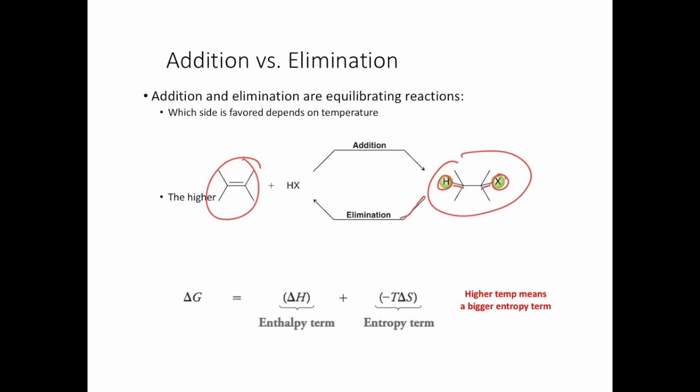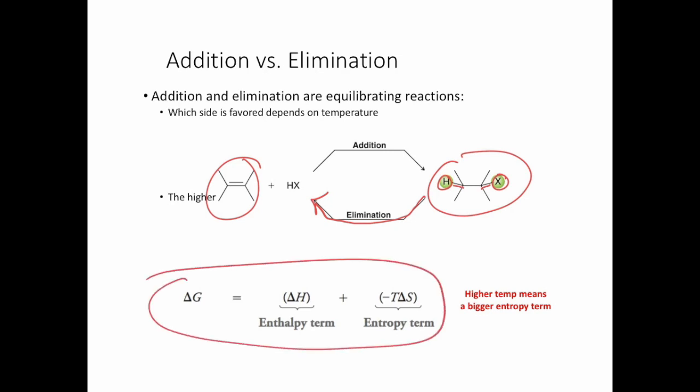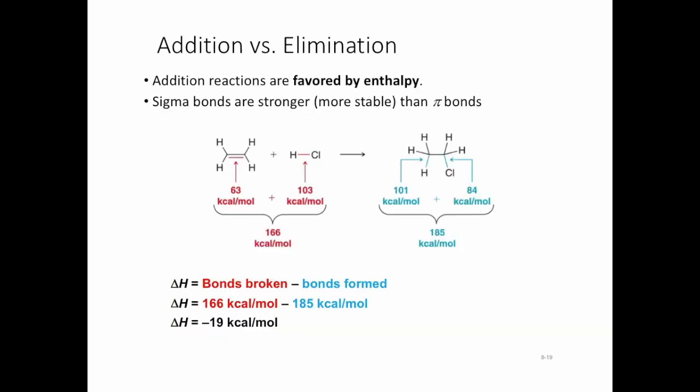But the reverse reaction can also take place. And these are actually equilibrating reactions, and which side is favored depends upon the temperature. So remember our delta G equation, where delta G is equal to delta H plus minus T delta S? Well, addition reactions are favored by enthalpy.